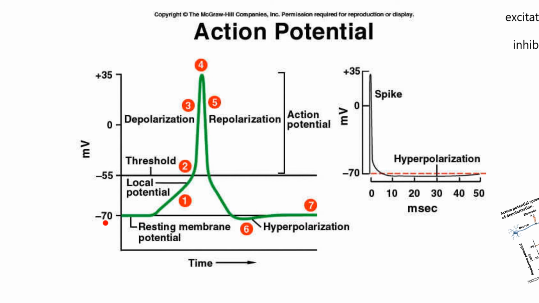We'll do minus 70 here. It stays at minus 70 until a nerve impulse comes along. Then there's a change in membrane potential. It decreases up to a certain point. And once threshold is reached, that's minus 55. So this line is just showing you where that is. Then you have what's called an action potential generated.